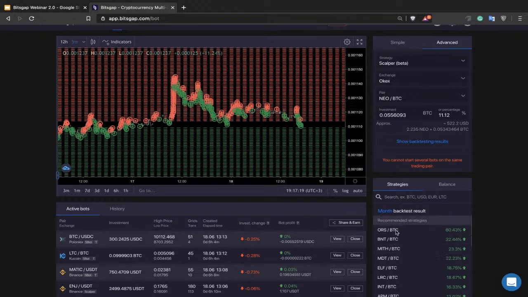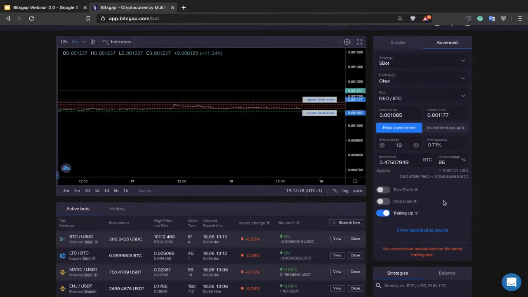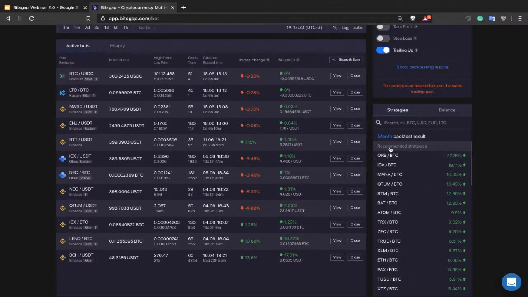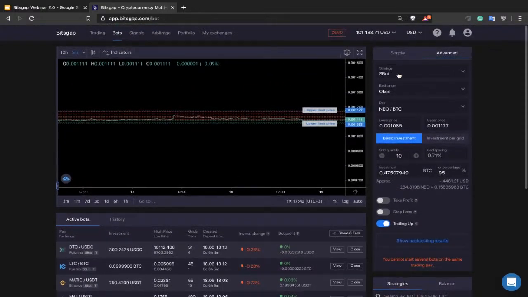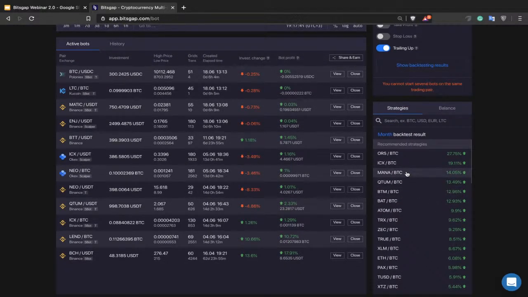And for the scalper, we have this list of cryptocurrencies. If I switch to other bots, we have Classic and the S bot. Let's see what's gonna happen. So we can clearly see that the list of recommended strategies changed, because for this particular strategy, S bot, we offer different strategies based on, once again, backtest results and risk to return ratio.